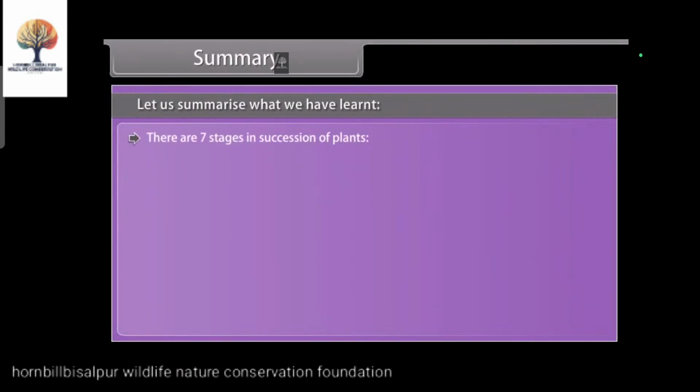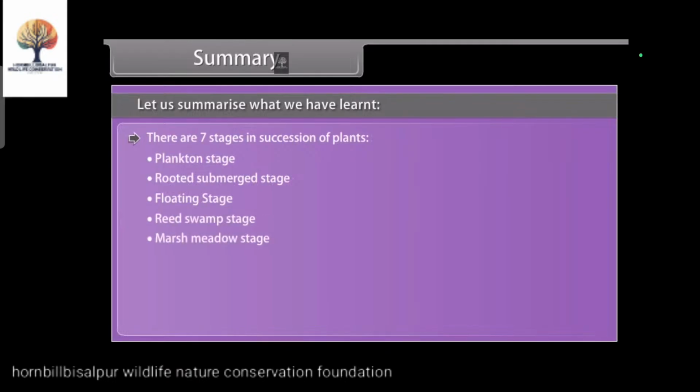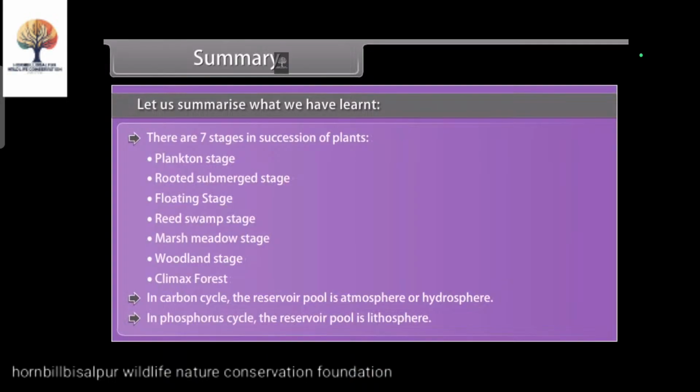There are 7 stages in succession of plants: plankton stage, rooted submerged stage, floating stage, reed swamp stage, marsh meadow stage, woodland stage, climax forest. In the carbon cycle, the reservoir pool is the atmosphere or hydrosphere. In the phosphorus cycle, the reservoir pool is the lithosphere.